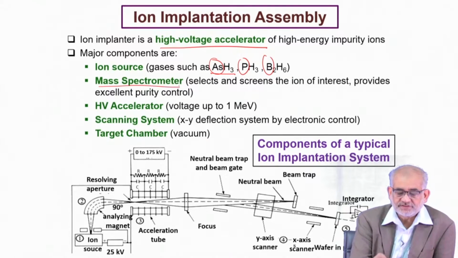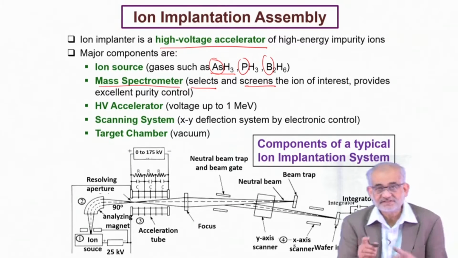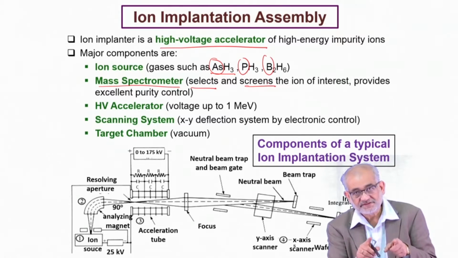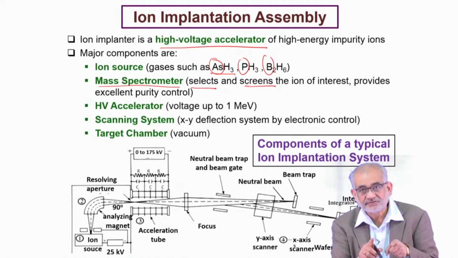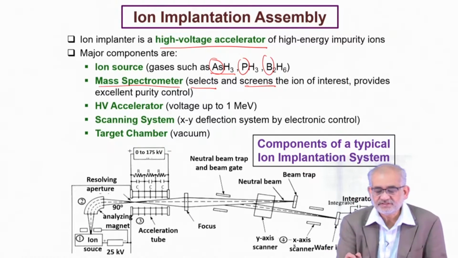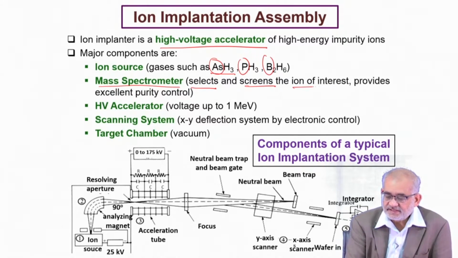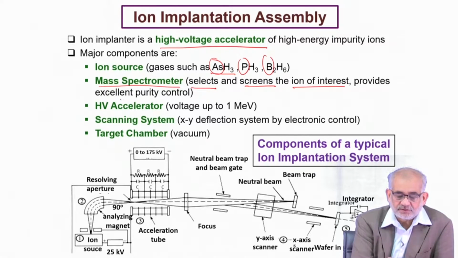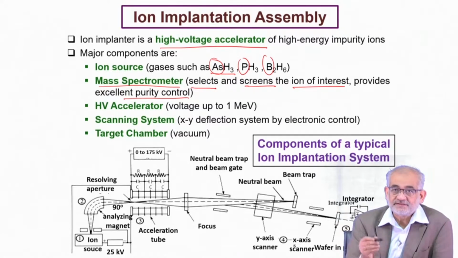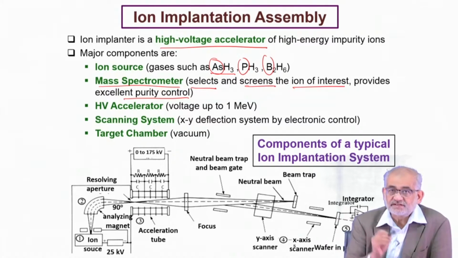You also need a mass spectrometer which will select and screen. Basically, whatever species you want, you select exactly that one, and the remaining ones you can screen using a certain magnetic field. So you screen the ions of interest, and this also allows maintaining a very high purity. So this is another landmark thing.